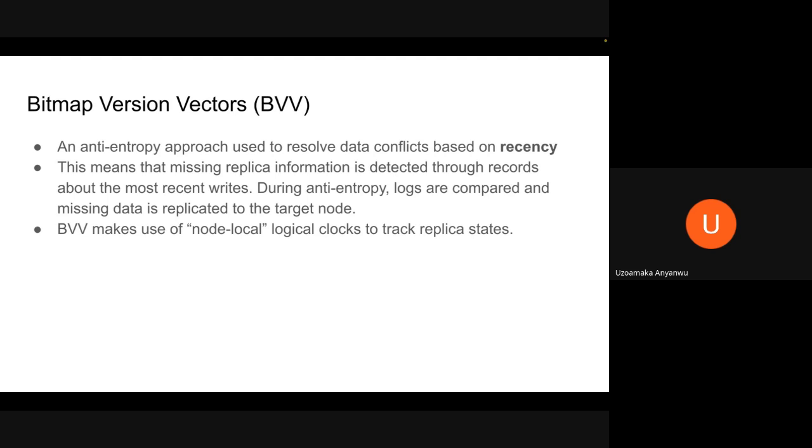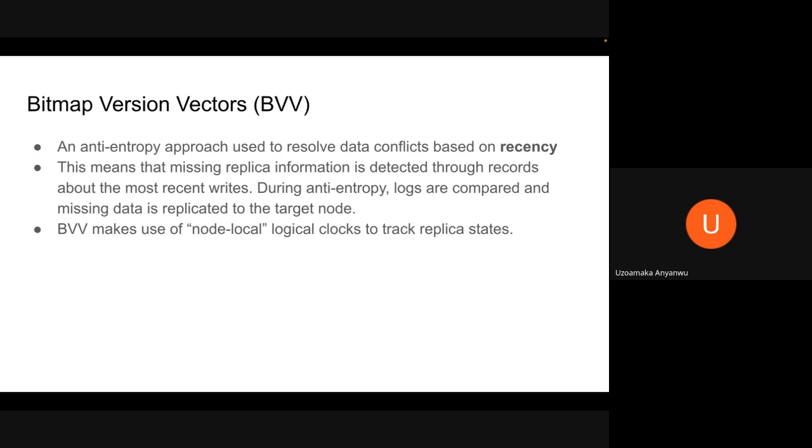So if there is missing data, then the missing data is replicated to the target node. One thing I found interesting about bitmap version vectors is that it makes use of a logical clock to track replica state. I think this is the only approach that does that. All other approaches use different mechanisms to detect inconsistent data.